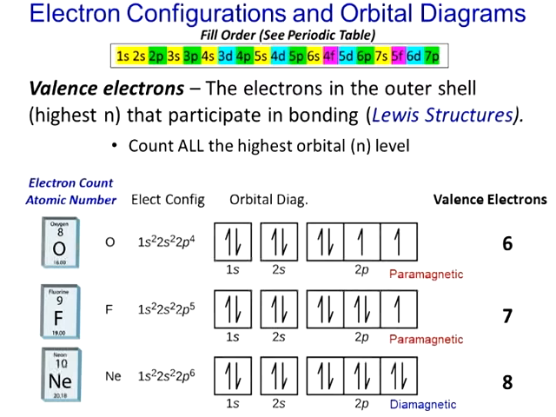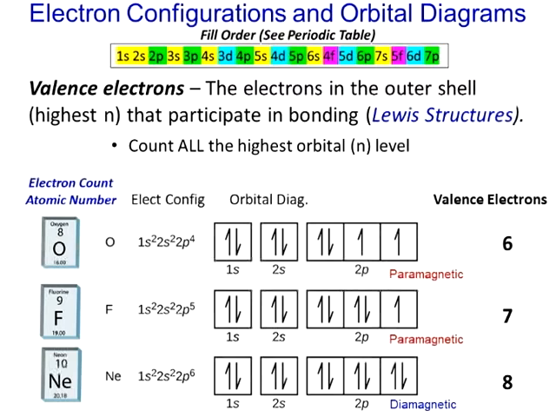And then we have neon. Neon has 10 electrons that we have to account for. The electron configuration is 1s2, 2s2, 2p6. The orbital diagram has the 1s filled, 2s filled, and all of the 2p filled.